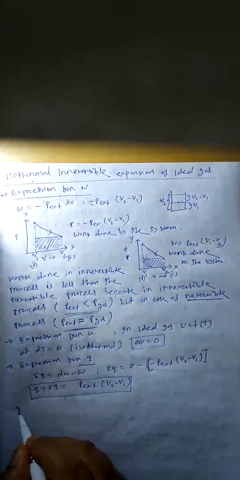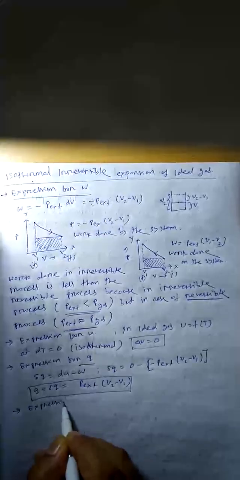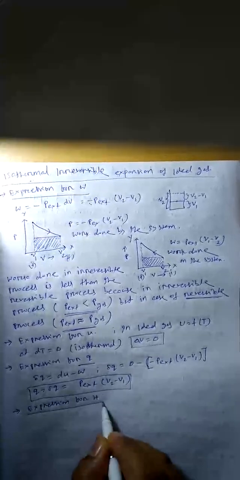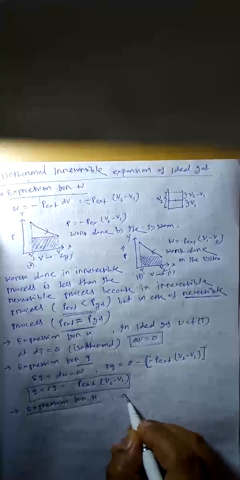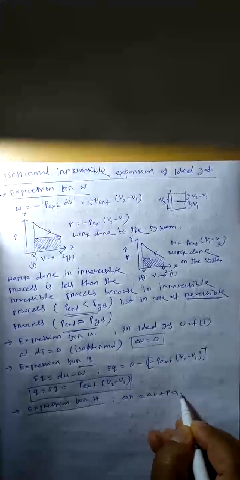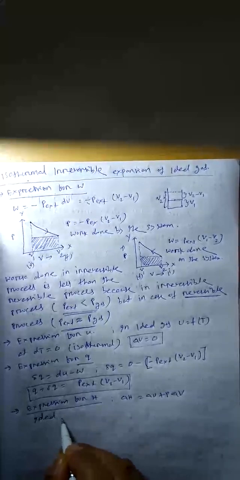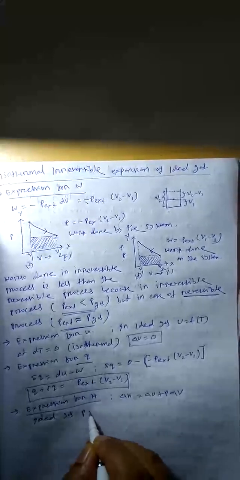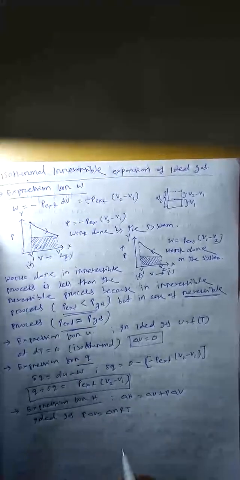Then expression for H, same, no change. We know that delta H is equal to delta U plus P delta V. The gas is ideal, so P delta V is equal to delta n RT.